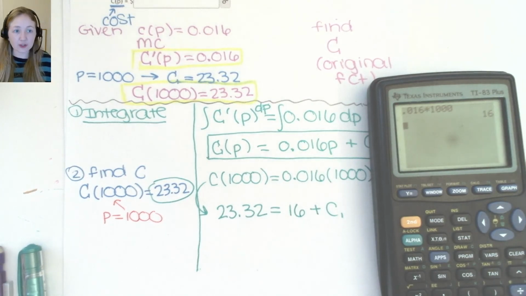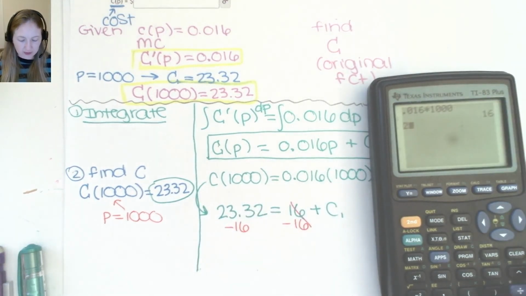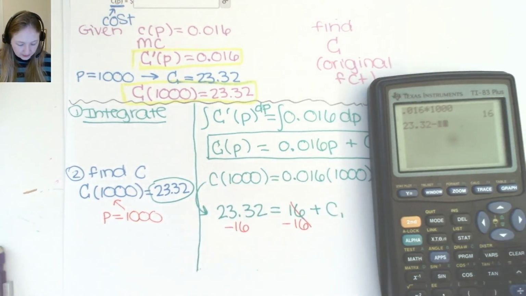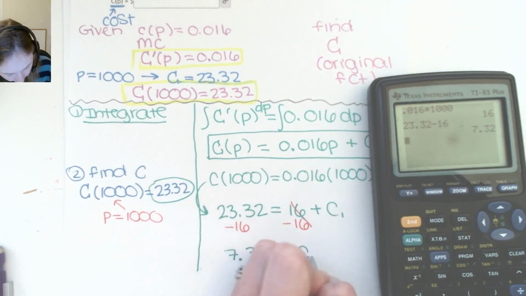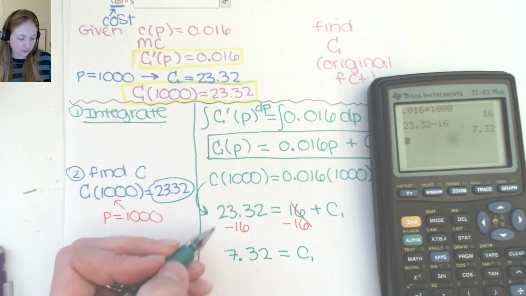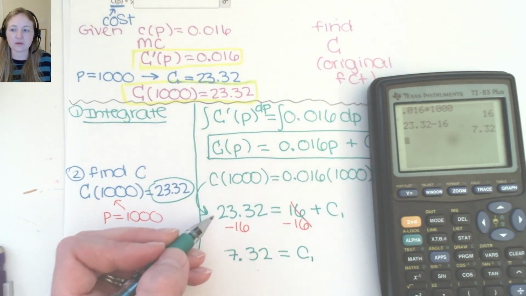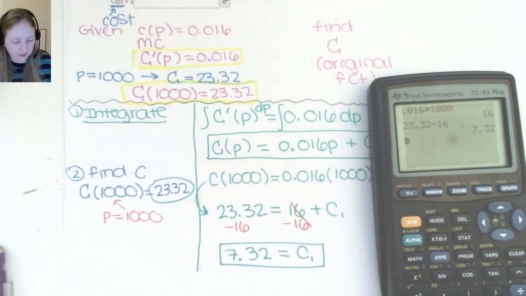And then here we actually have an equation to solve. To solve for C sub 1, we subtract 16. So this 23.32 minus the 16 is going to give us 7.32 is equal to C sub 1. And that is our constant.